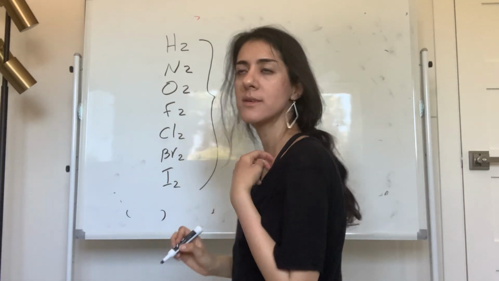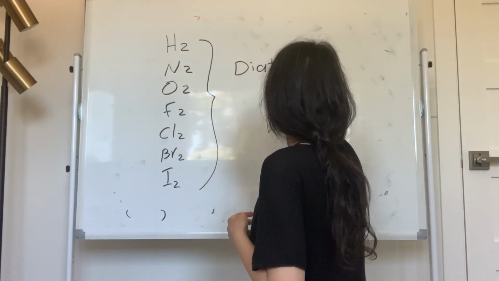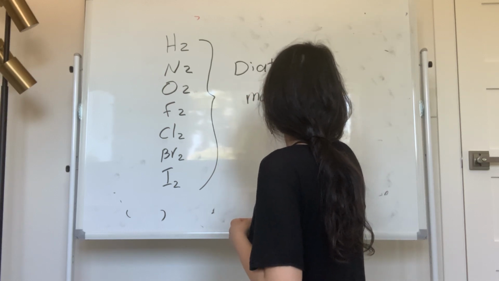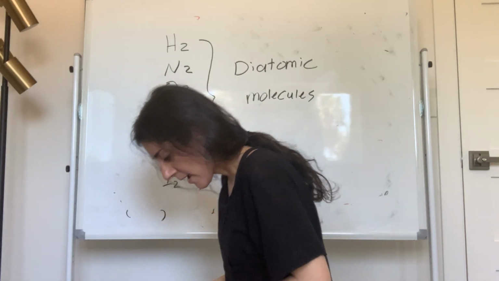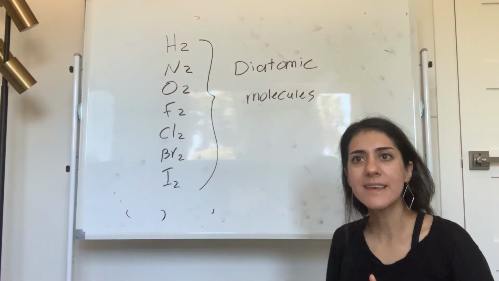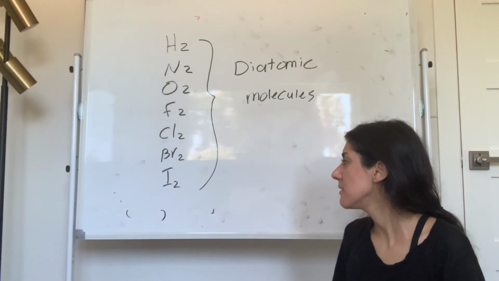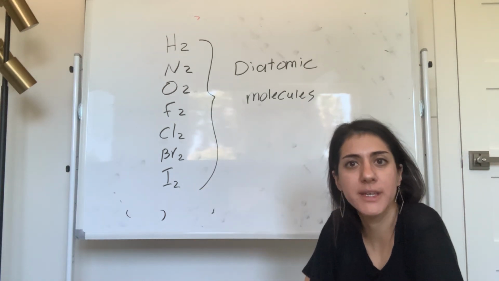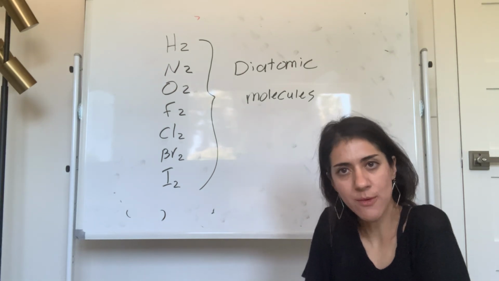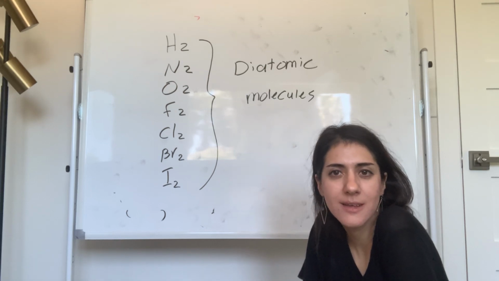What we call this, diatomic molecules. Now, diatomic molecules, this is how they exist in nature. And again, you have two nonmetals together. When we say right now, you are breathing oxygen gas.